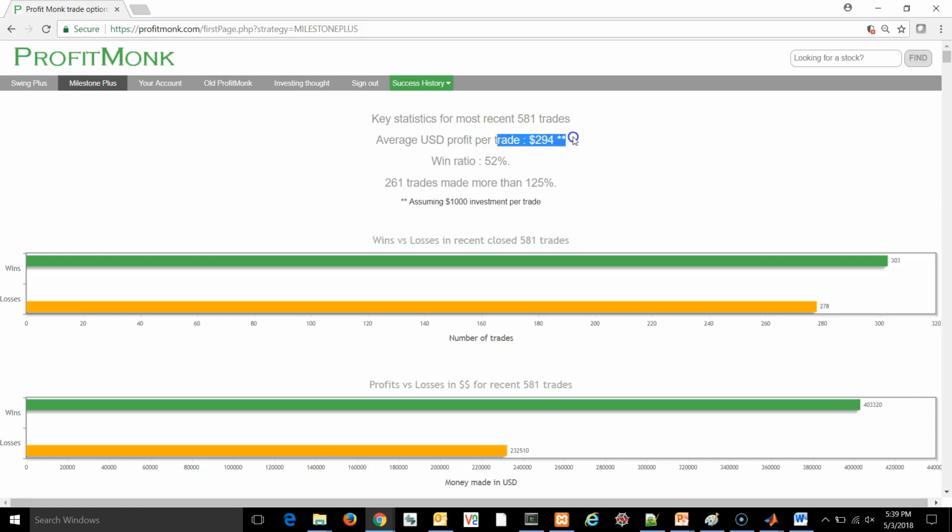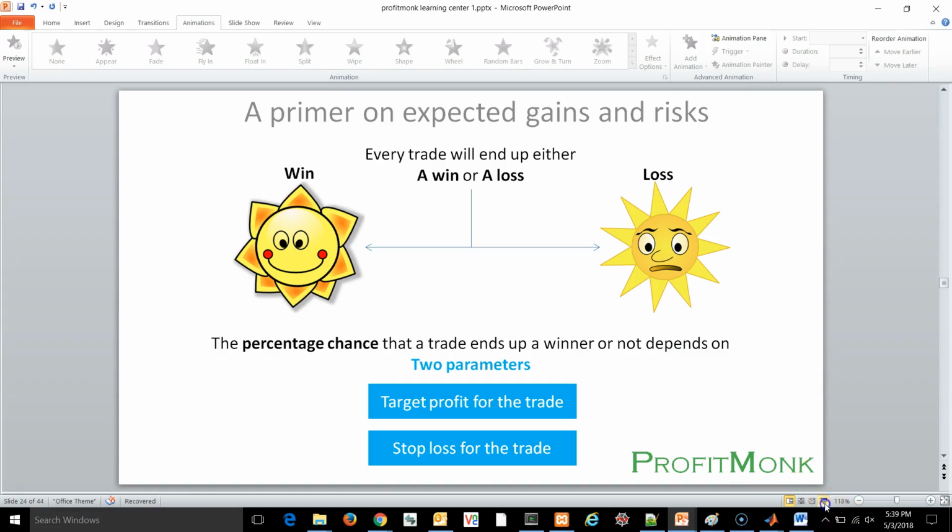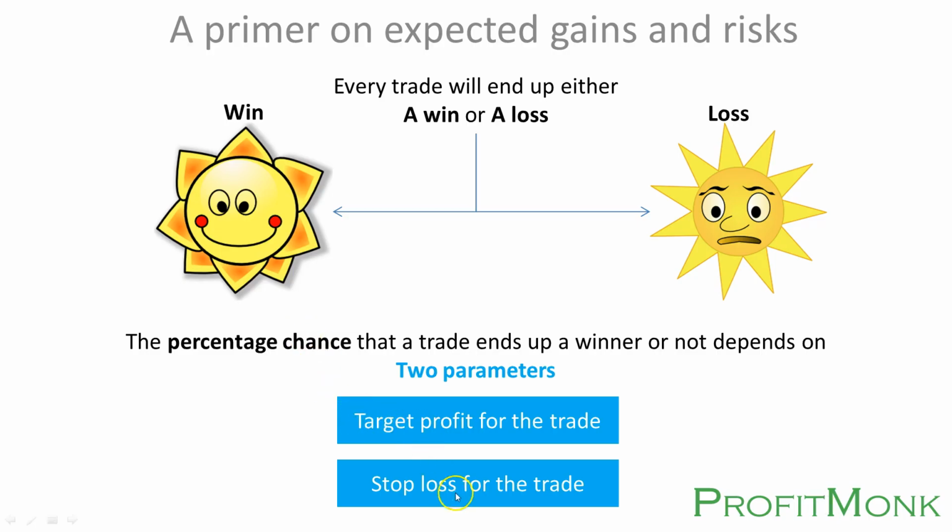The average US dollar profit per trade improved drastically as well, from 220 or $230 to 294, which means at this point your portfolio is looking like 581 multiplied by 294. So with the settings that we discussed, if you change the target profit setting or the stop loss setting, you will change the percentage chance that a trade ends up as a winner or not.